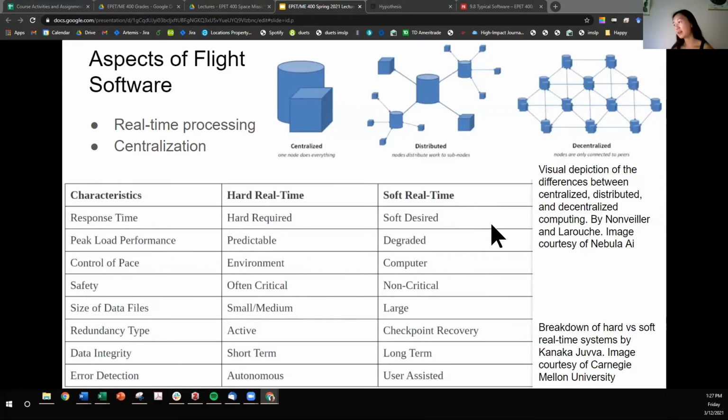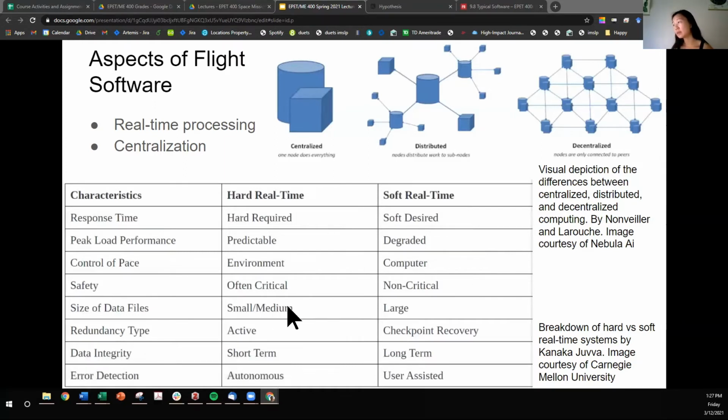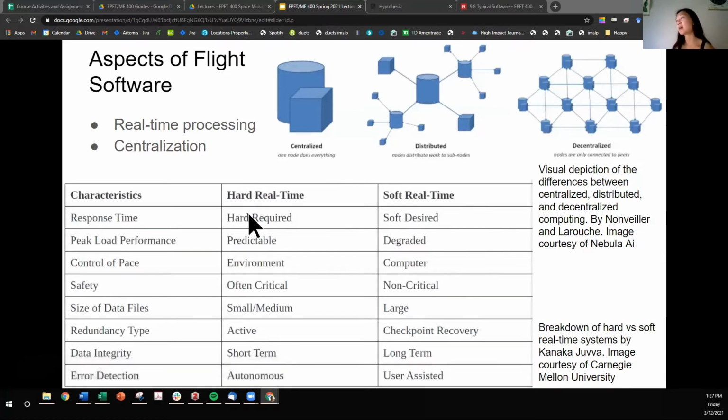For soft real-time, safety is non-critical. For the size of data files, hard real-time can handle small or medium files, whereas soft real-time can handle large. So I'll let you go on with the rest of the characteristics. Just intuit that there are two types of real-time systems that you have to consider for your operations.